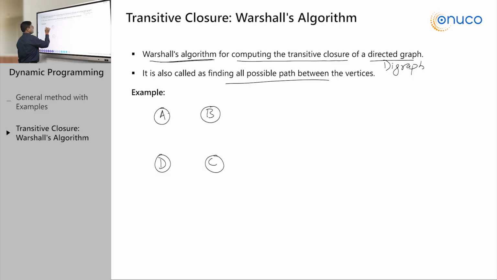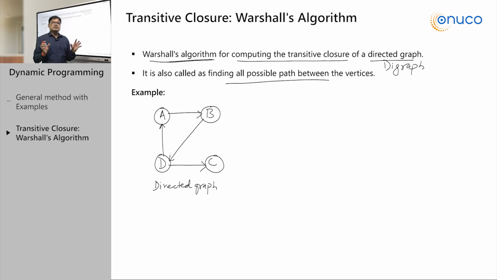Say here we have a path from A to B, we have B to C, B to D, we have D to A, and here we have a path from D to C. So this is which kind of graph? It is a directed graph.